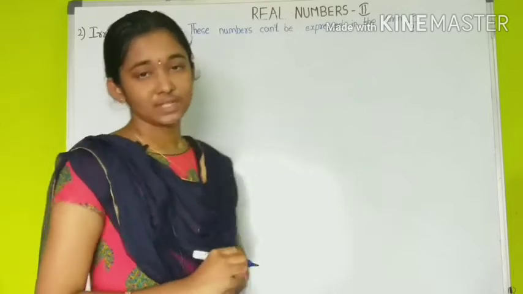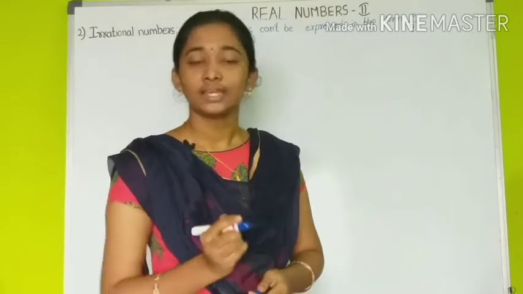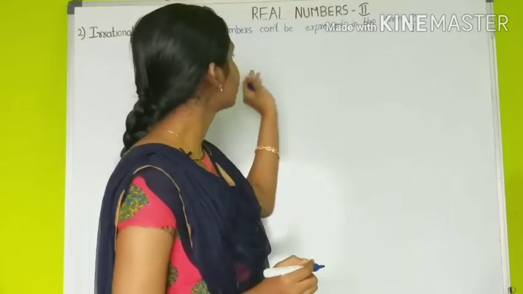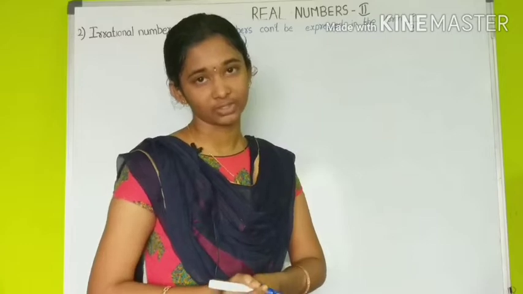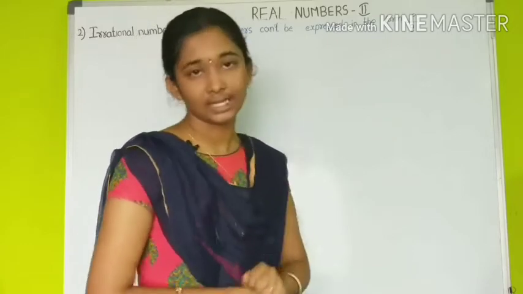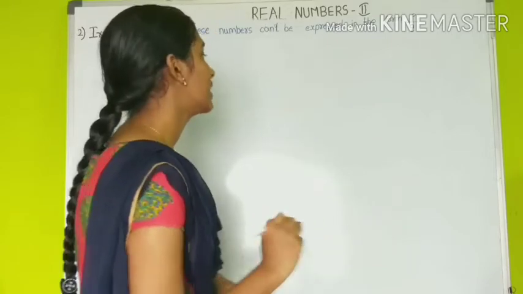And I also give a simple trick to remember all the irrational numbers. So these numbers can't be expressed in the form of p by q. They are just the opposite of rational numbers. First we write the example.